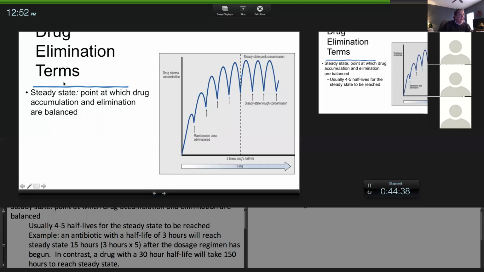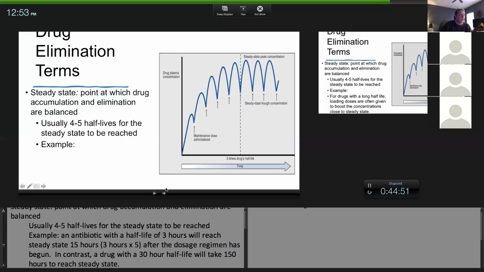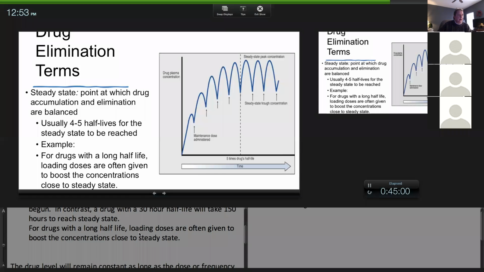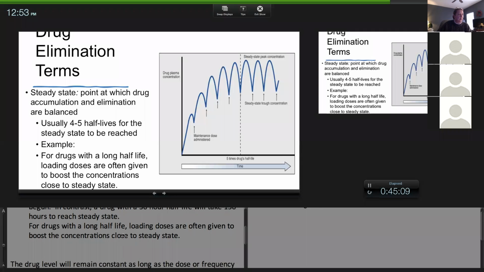Now, steady state is the point at which drug accumulation and elimination are balanced. For plasma concentration, it takes 4 to 5 half-lives for this to be reached. Why is this? For drugs with a long half-life, loading doses are given. If you remember, I talked about sometimes we want to give a boost of the drug, a loading dose, to reach plasma levels quickly.